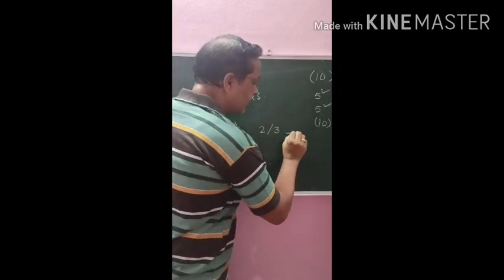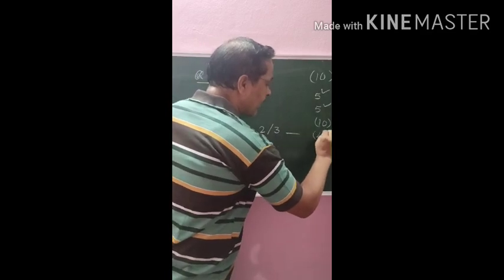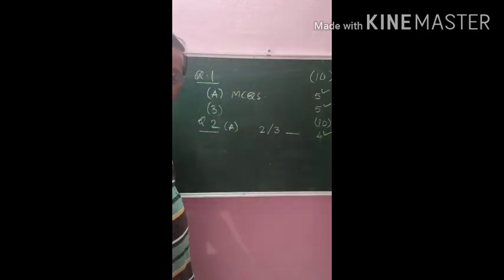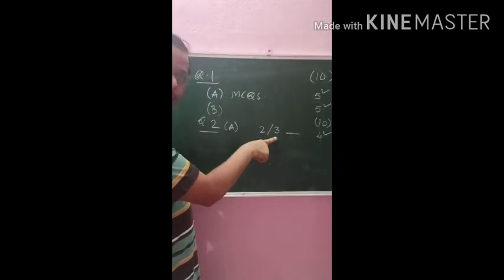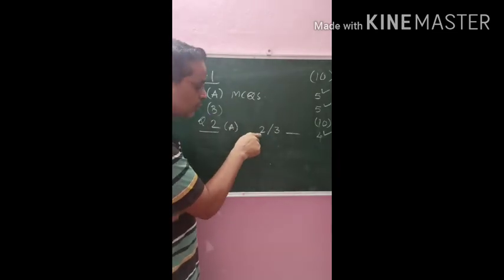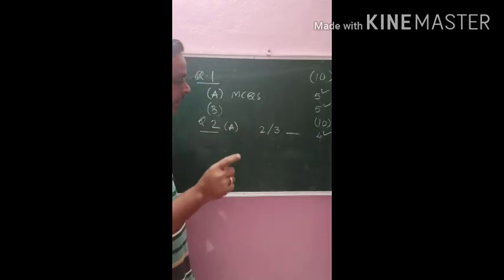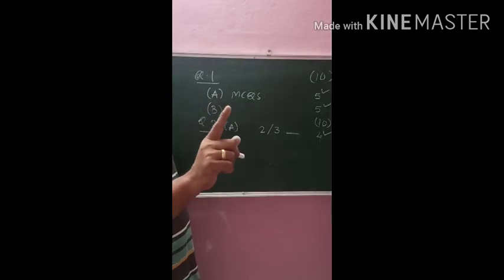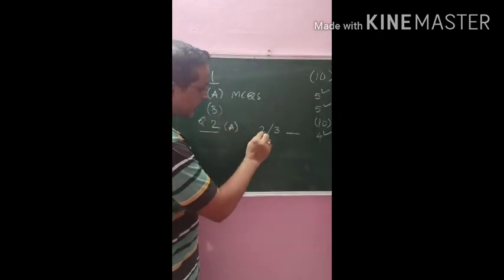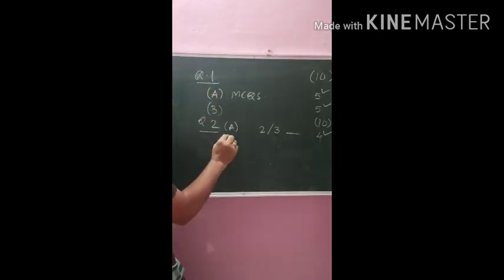Correct answers can give you 4 marks. So here there is an option, and from these questions at least 1 should be from physics and 1 should be from chemistry.